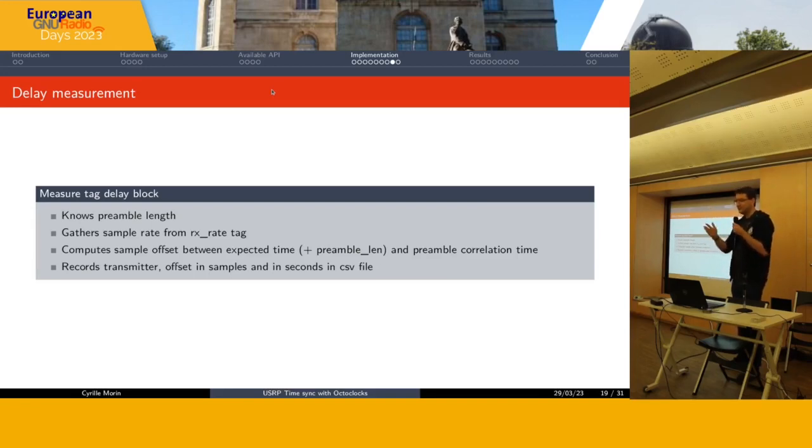So you have to offset that by how many samples the burst is long. And then it will simply record, okay, a new line in a CSV file with the ID of the transmitter, the number of samples the offset was, and the translation of that in seconds.